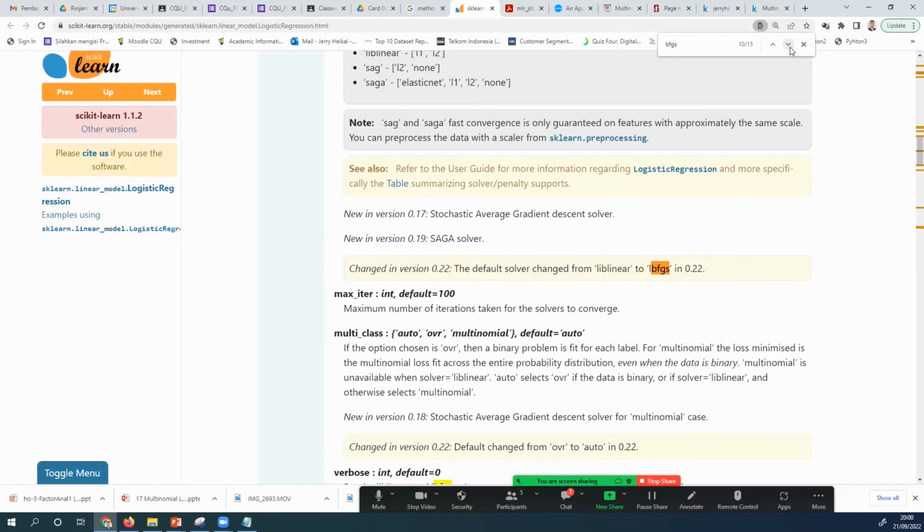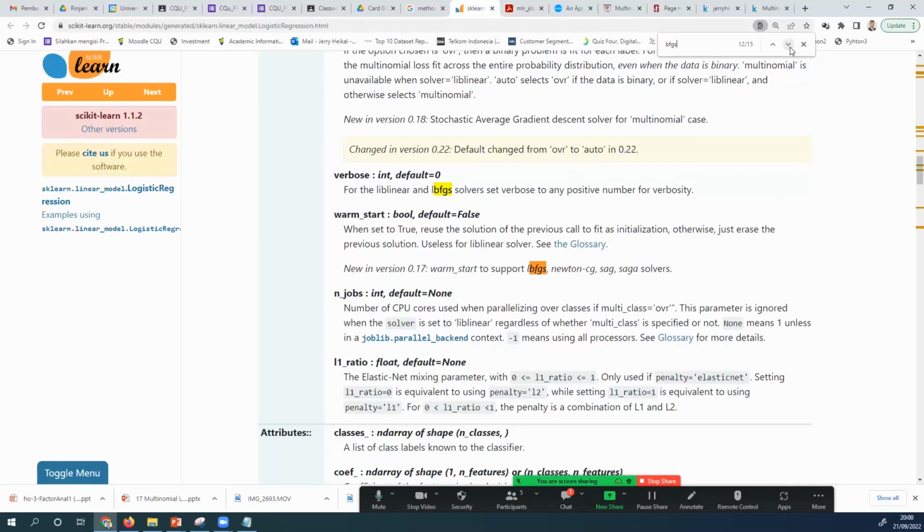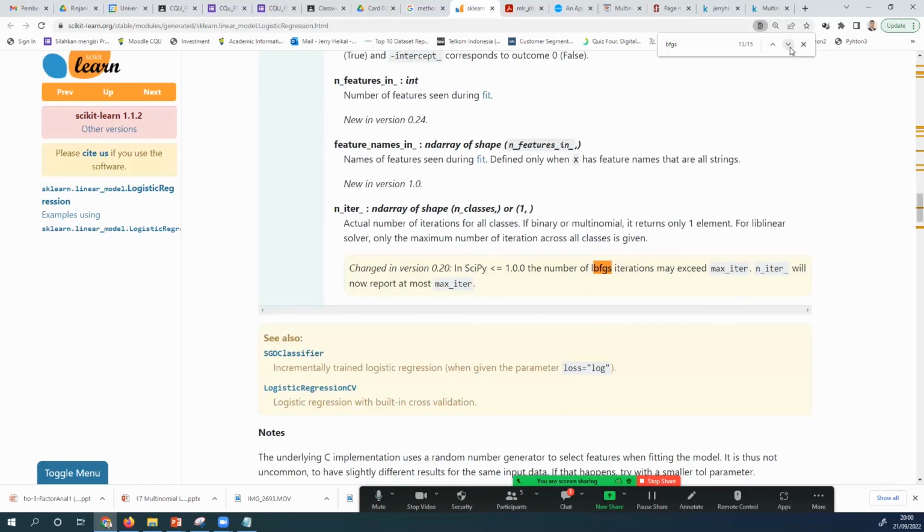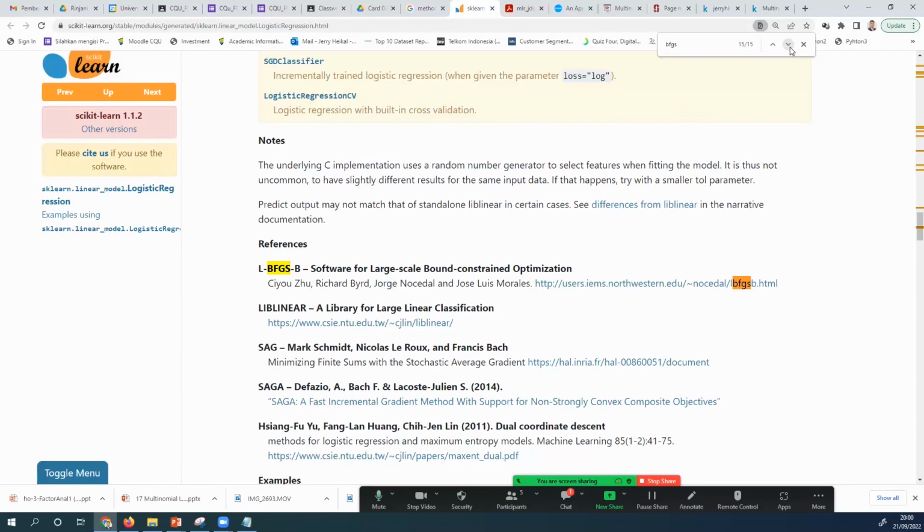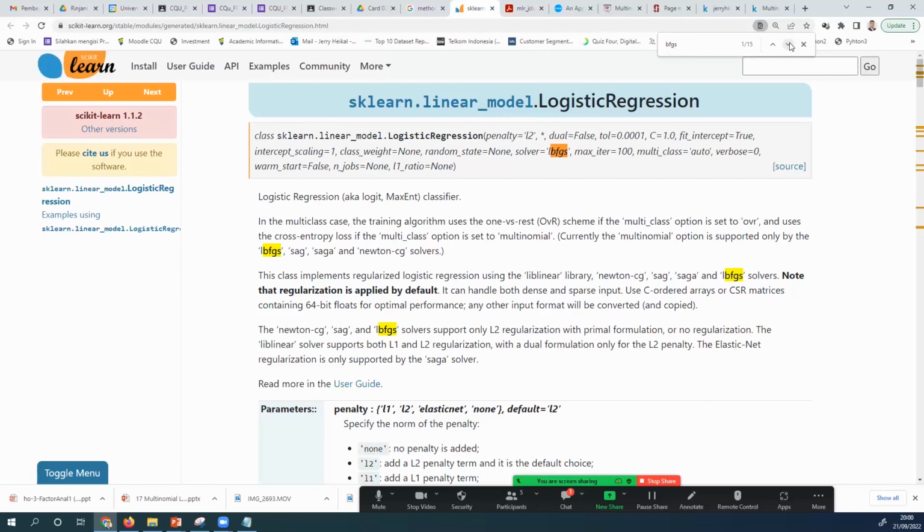So this may be just a Python word, because they do not specify the abbreviation. This one says software for large-scale bound-constrained optimization. Okay, back to the above again. This is the default solver for multinomial logistic regression. So the abbreviation is not there in scikit-learn, but this is the solver type in multinomial logistic regression.